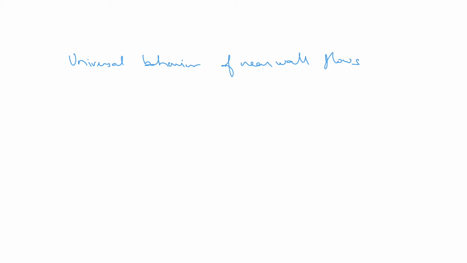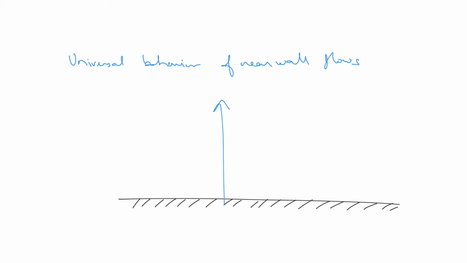So if we have a wall, let us consider this as a wall, and if we have a wall normal distance, we usually call it y. So y is the normal distance away from the wall.